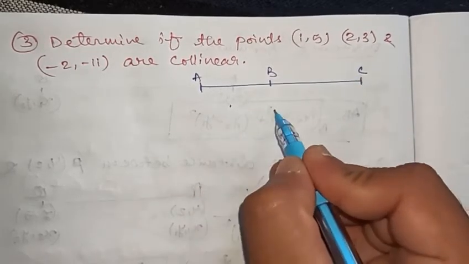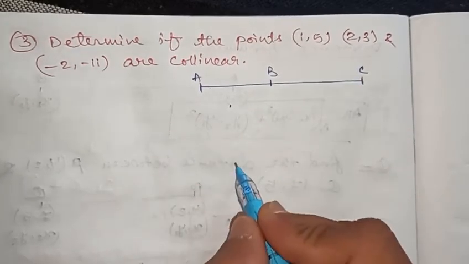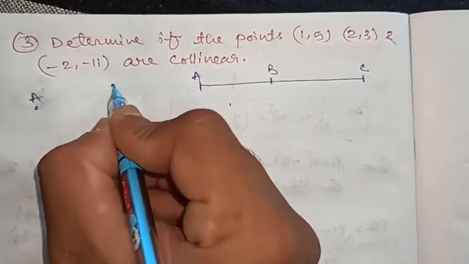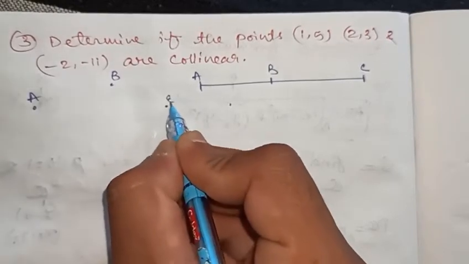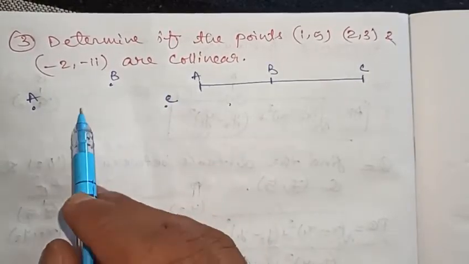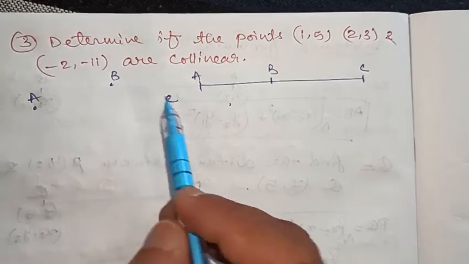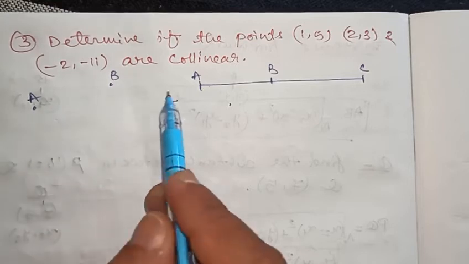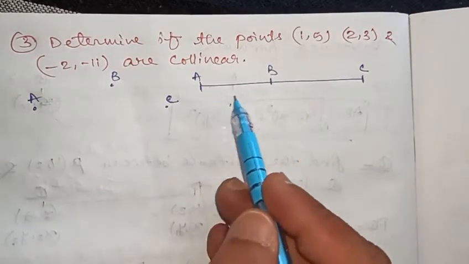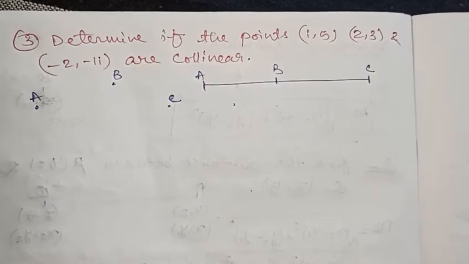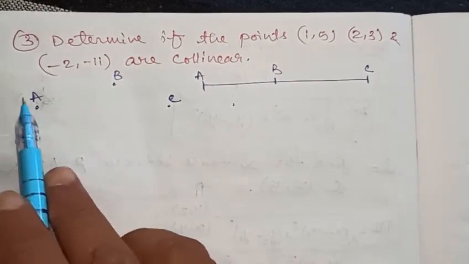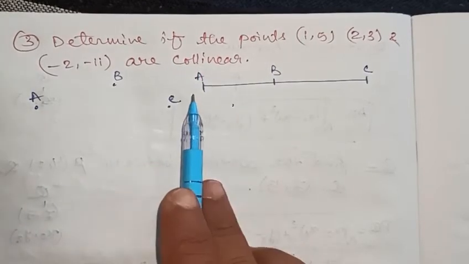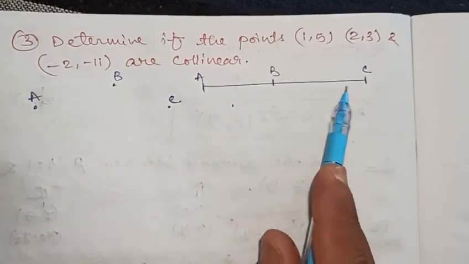If the 3 points are given randomly here and there, like suppose A is here, B is here and C is here, you can easily see that these 3 points are not in a straight line. If all the 3 points are lying in a straight line like this, then we will say that ABC are collinear. If the 3 points are given randomly and they are not in a straight line, then they are not collinear. Collinear means all the 3 points should lie in a straight line.